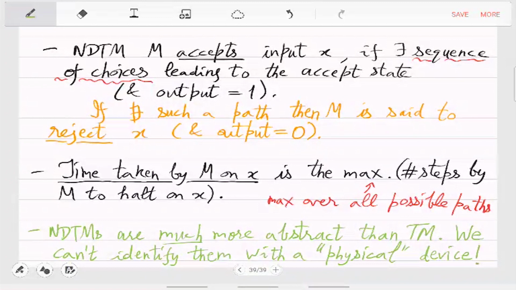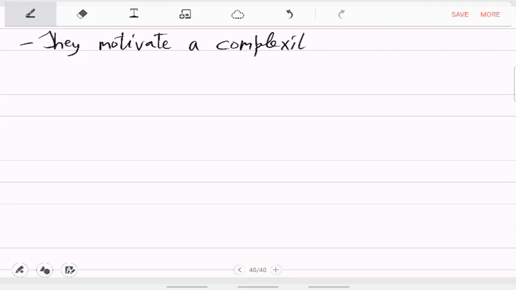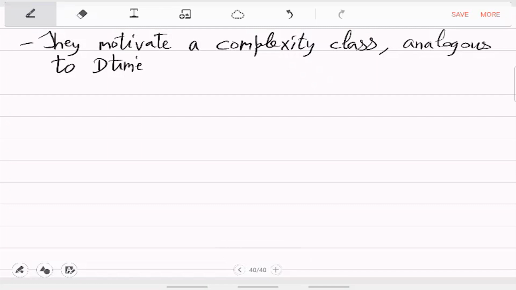Okay. So NDTMs motivate the following complexity class, analogous to DTIME. And this will be called NTIME, T of n.